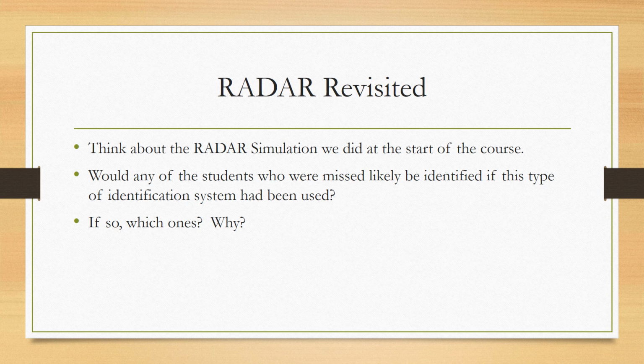Could you see how something like this might have scooped up more of those individuals, particularly with alternative pathway identification and teacher nomination acting as a supplement? Think about which ones might have been identified. So what we know from years of research on the SEM model is that this identification system does result in higher numbers of underrepresented students being identified.